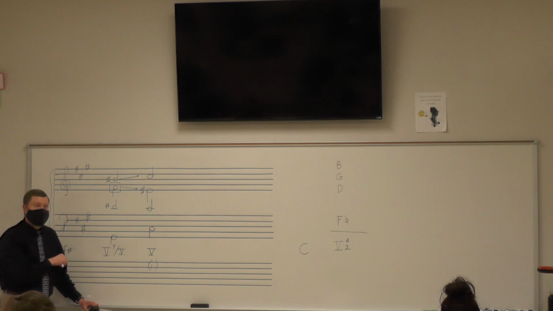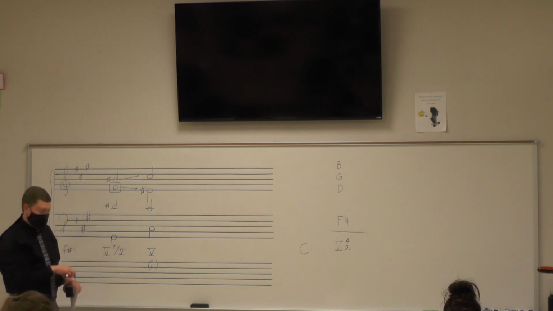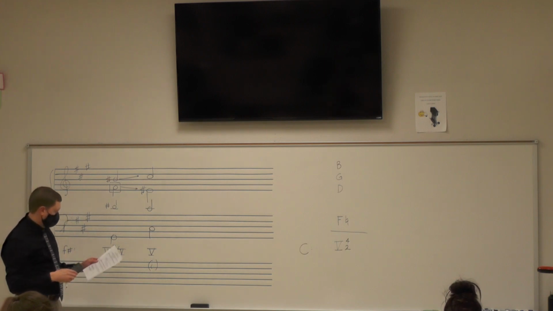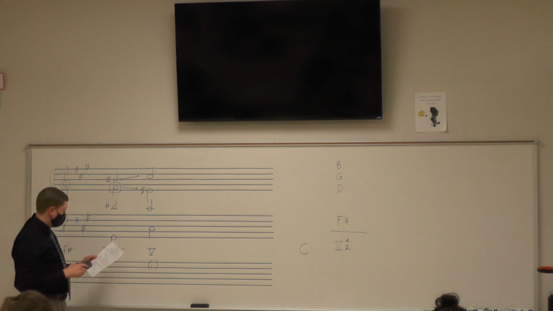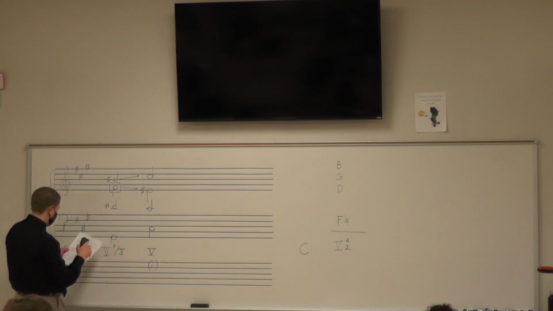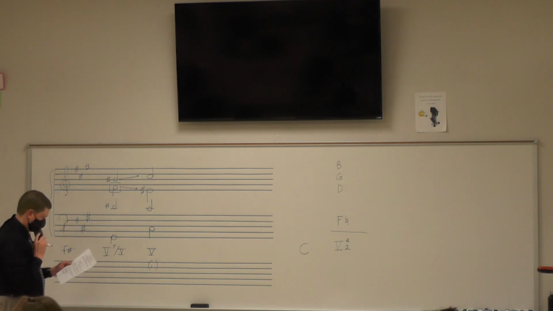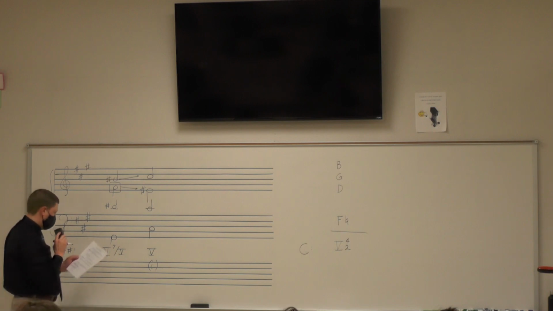Was there another question about something? Okay. So, in the first measure of the second section, for the 5, 6, 5, 2, 4, for the second half, I doubled F, and I don't know if that's.